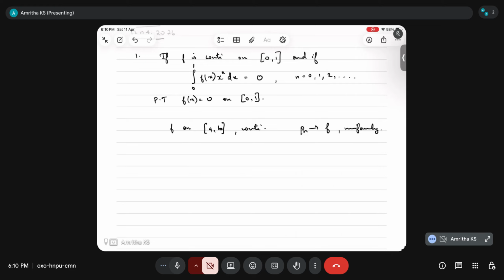So here it is given that this integral is 0, right? So what can we conclude from this? The integral of f(x) x^n dx is 0 for all n from 0, 1, 2 and so on.